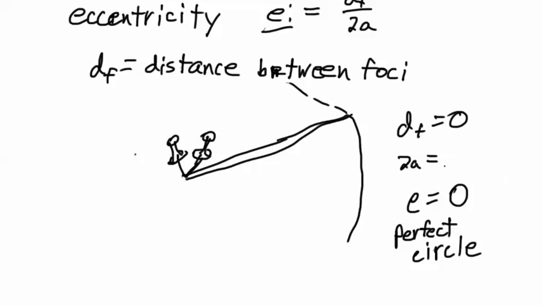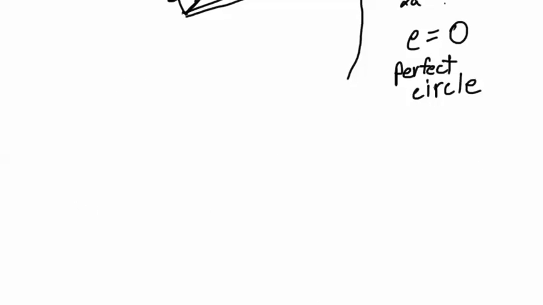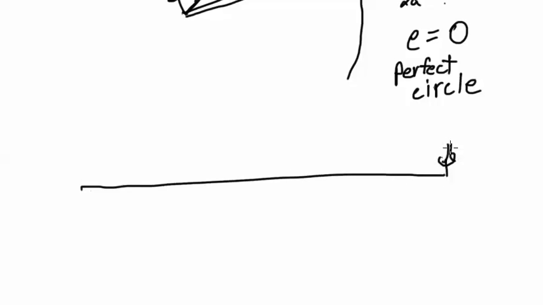Now, another example is where I take the piece of string and put it in a straight line, put one thumbtack over here, and the other thumbtack over here, and then I just move my pencil along from one end to the other, and what I would get is a straight line.